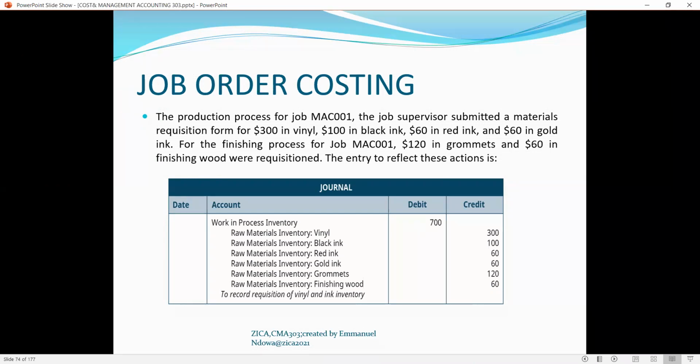Can you see the journal, how you can allocate your material from the warehouse to the production unit? That's how you can come up with that journal. Remember, you should have your memo again, to record requisition of vinyl and ink inventory. So you would have narrated what transpired as you allocate these materials to the production unit.